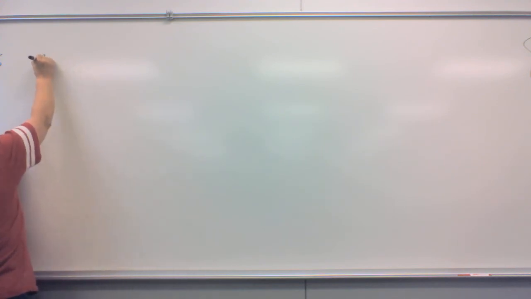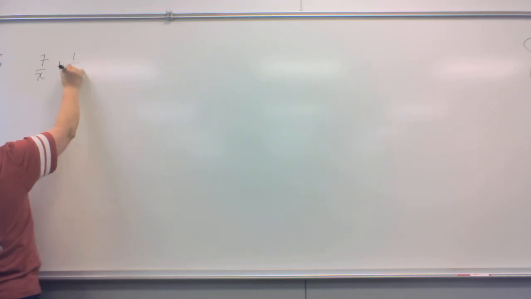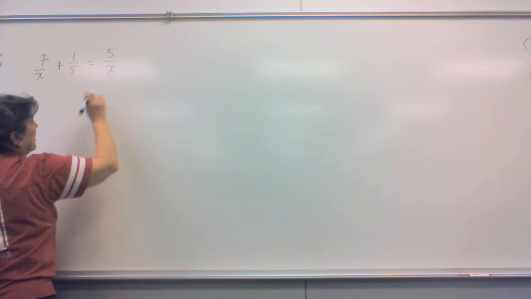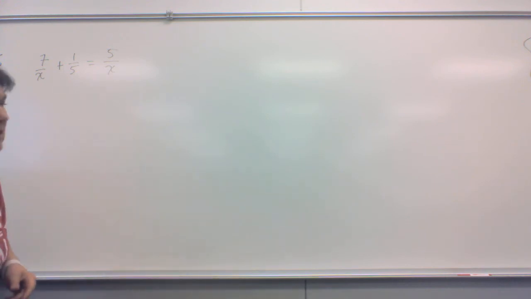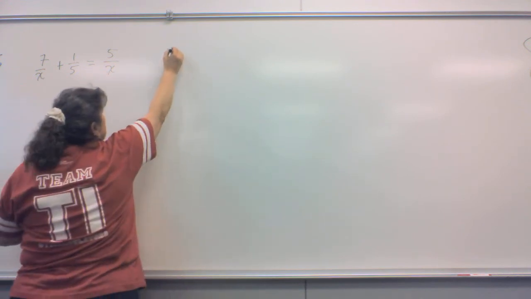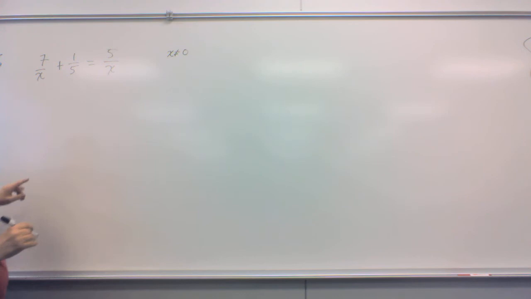Okay, 7 over x plus 1/5 equals 5 over x. Notice we do have an x in the denominator, so therefore my restricted value is x cannot equal 0. Now, I've got a rational expression with x in the denominator.